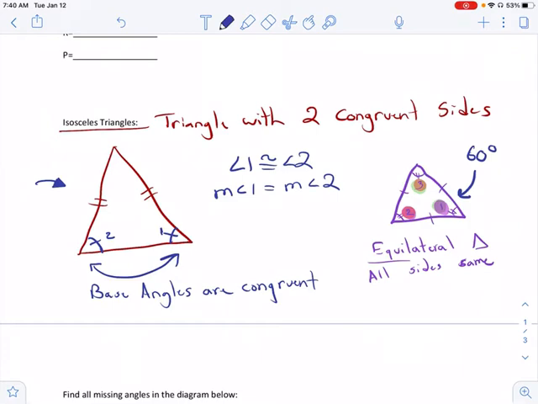So as an example, if I know that this is 70 degrees up top and the sum needs to be 180, that means that these two missing angles have to sum to 110. And then if I know that they're the same, then I could say that they're both 55 degrees. Okay, so we start to see why knowing that those are congruent is important for us.